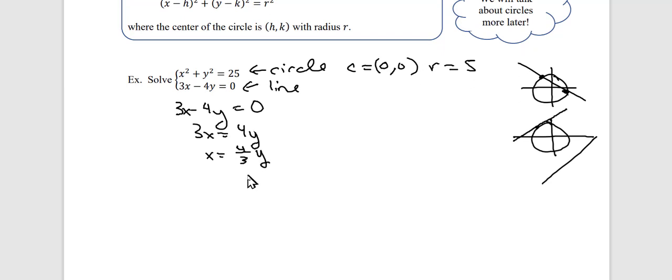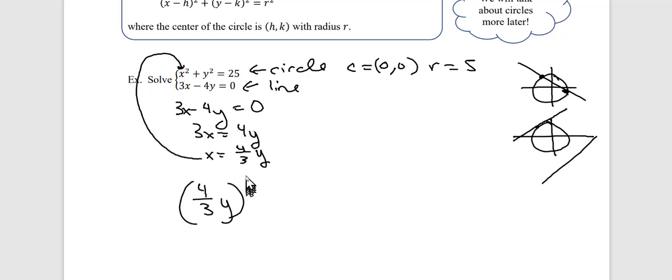So choosing which equation you use, and what variable you solve for, is critical. I'm going to take that and substitute it right in there. So I get (4/3 y) squared plus y squared equals 25.